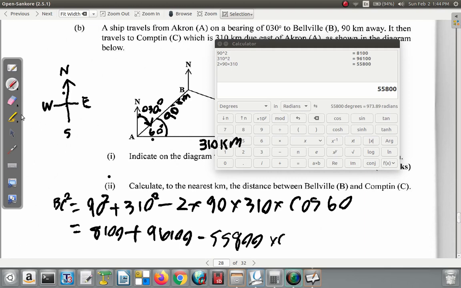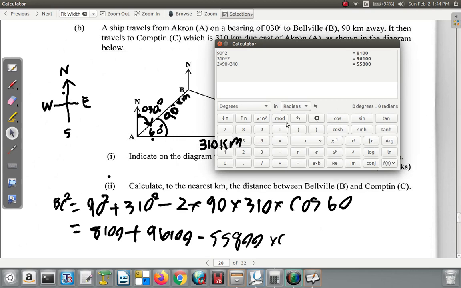Let's just find the cosine of 60. Remember, you must have your calculator in degree mode because we're dealing with degrees. So we say cos 60 equals 0.5.